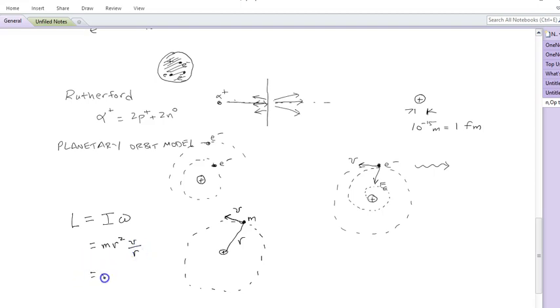So this is how you get the orbital angular momentum for a point particle: mvr. And according to Bohr, this can only be a positive integer, 1, 2, 3, 4, etc., times this h bar. This is the condition that determines these orbits.